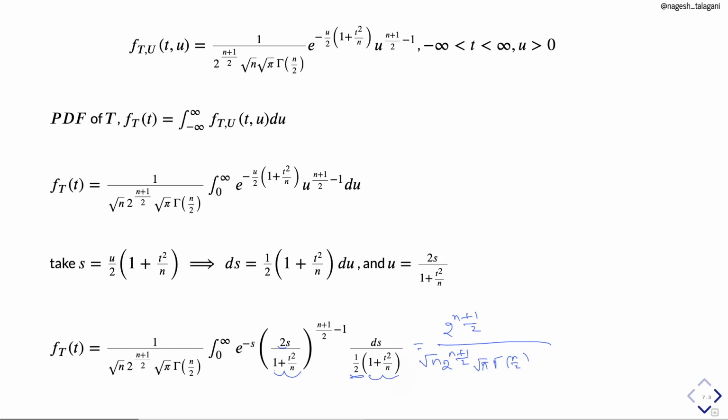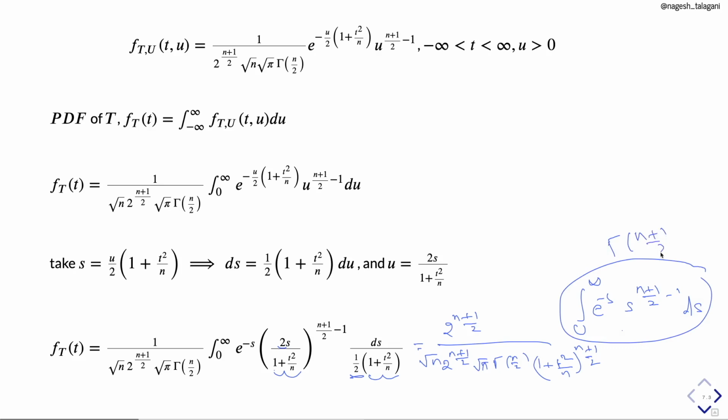In total I can write 1 plus t square by n all to the power of n plus 1 by 2. Then integral 0 to infinity e power minus s, s to the power of n plus 1 by 2 minus 1 ds. Okay, fine. Now this looks like a gamma integral. This one I can write as gamma n plus 1 by 2. Fine.